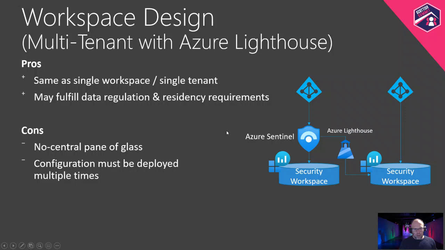So as long as you don't have special requirements, I would target the first architecture with one workspace per tenant. And if you have multiple tenants, then this architecture would be my suggestion to consider as a target design.